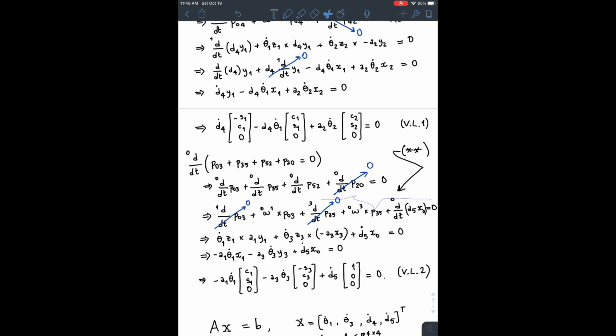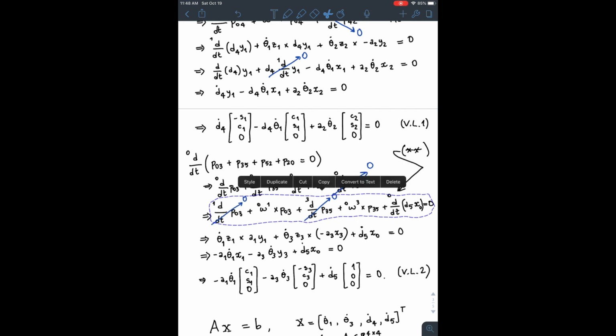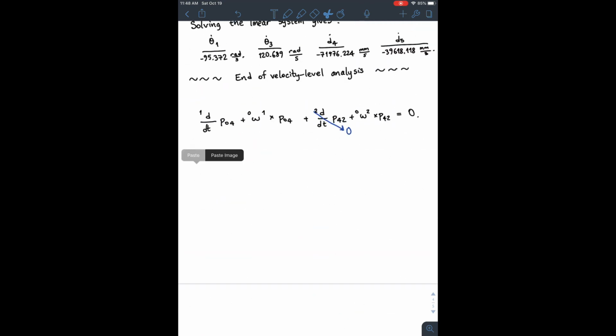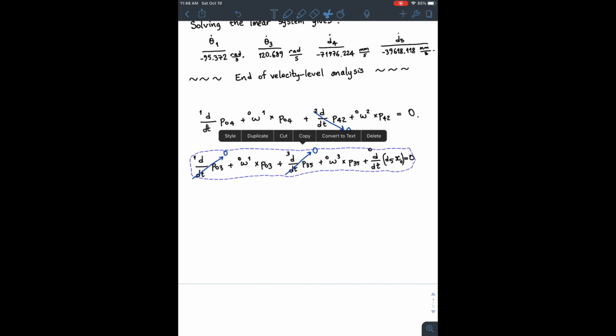Let me try it again. Okay, copy. Okay, there we go. Paste. Great. So let us modify these slightly.